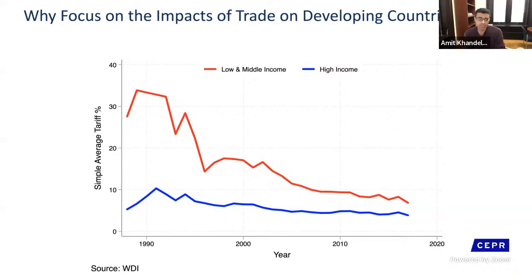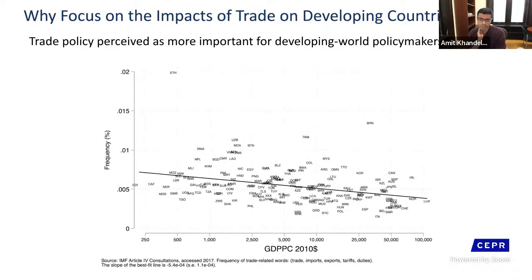Another way to see that there's interest amongst policymakers is to turn to two interesting sets of documents. One set of documents that are released every year are the Article IV consultation documents that the IMF releases. So this is annual surveillance that the IMF releases on all member nations of the IMF. And if you look into those documents, trade policy is sometimes written about with respect to each country.